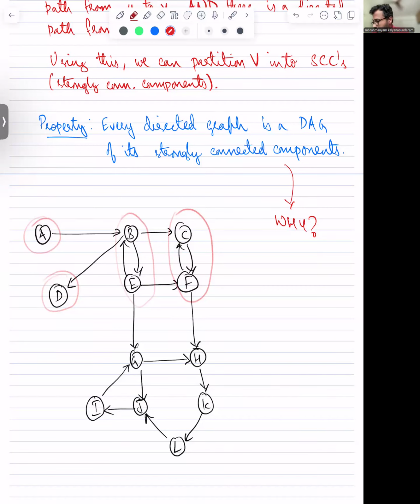And what about the rest of the vertices? G, H, I, J, K, L. IJG. Is this a strongly connected component? Yeah, you have paths from one to everything, but is this the best we can do?